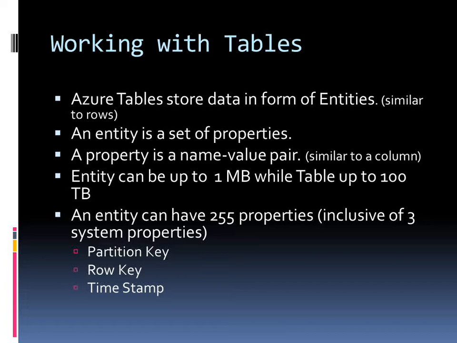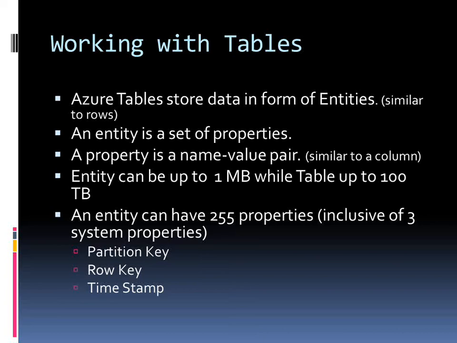The entities of tables are organized by partition, and the partition key is used in combination with the row key to uniquely identify a particular record. In Azure terms, I can say to uniquely identify a particular entity. So partition key and row key together have to be unique.